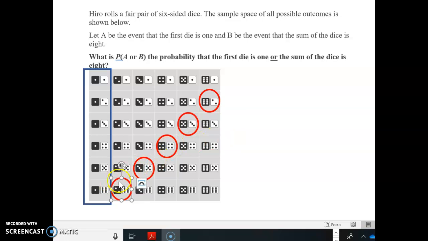Now, if any of these had fallen over here, so if we had had a sum of 7 instead, then we'd include 1 and 6, and we'd have to discount that or subtract it out when we added in our sums of 7. But in this case, they're mutually exclusive events. We just find one probability and add the second probability. So 6 out of 36 plus 5 out of 36 is 11 out of 36, or 31%.